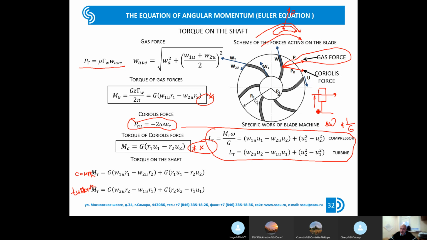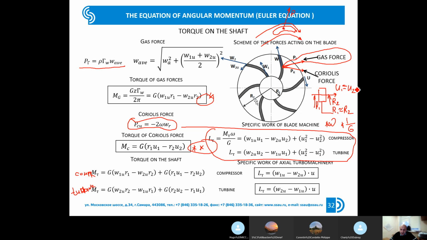That's why for axial turbomachinery we can say that the inlet radius is approximately equal to the outlet radius. And for us, it means that U1 is approximately equal to U2. And that's why for axial turbomachinery, the last equations will be simplified.